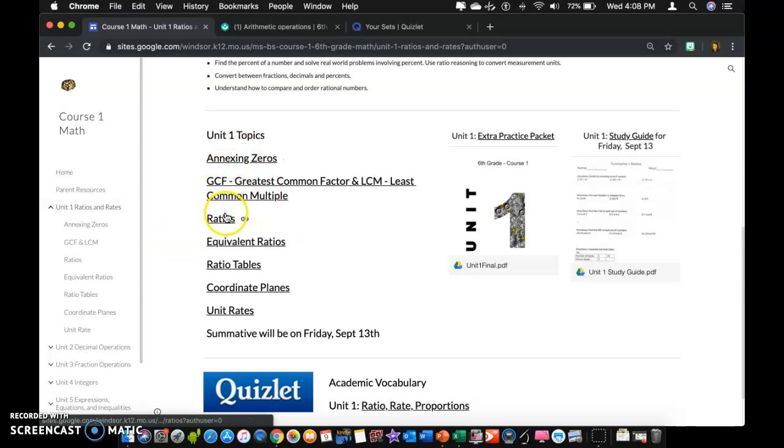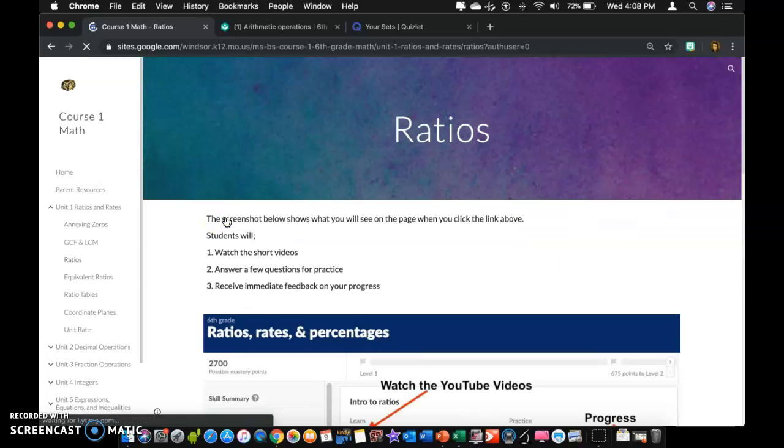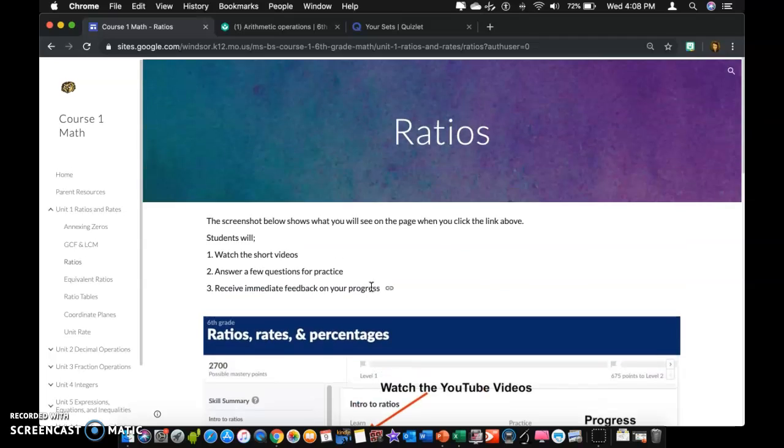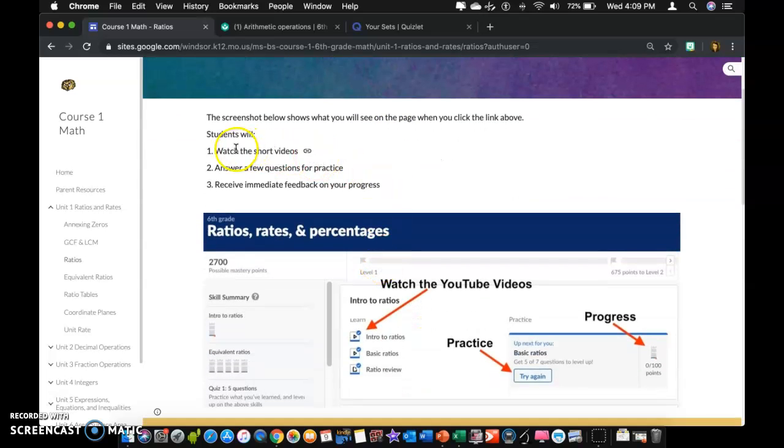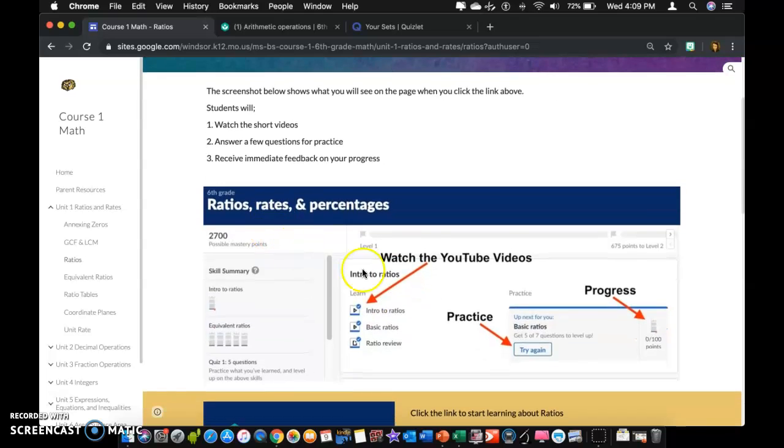So let's start with ratios. Ratios is a lesson that we did pretty far back. And this was the web page that I chose to highlight how to use Khan Academy to get started. So on ratios, this is a screenshot of what you're going to see when you open up your child's Khan Academy account.